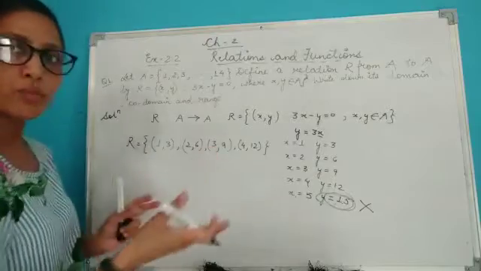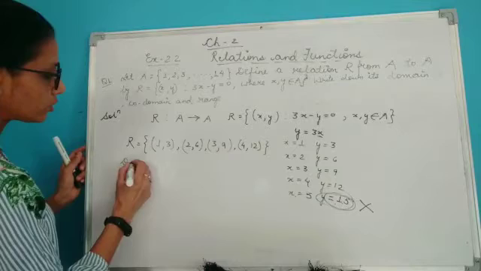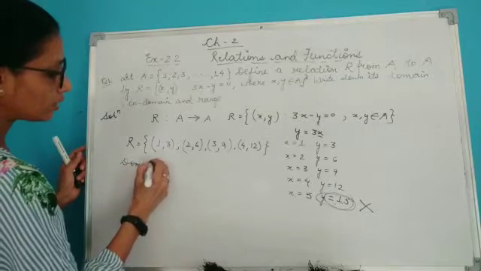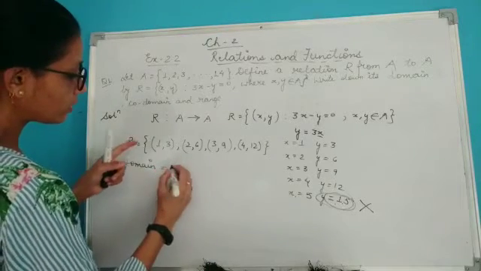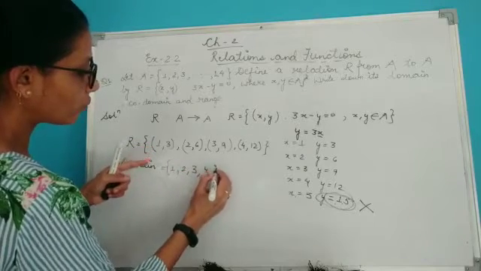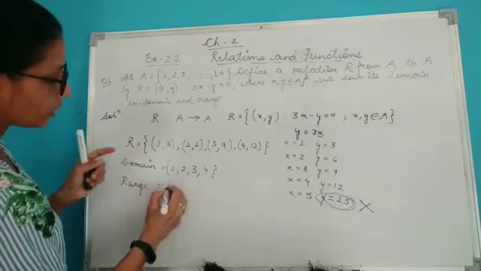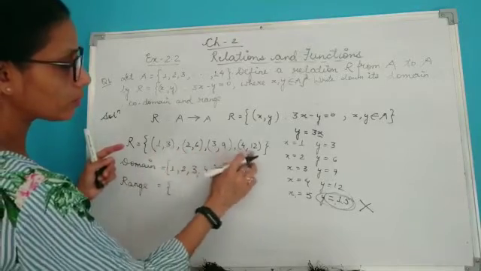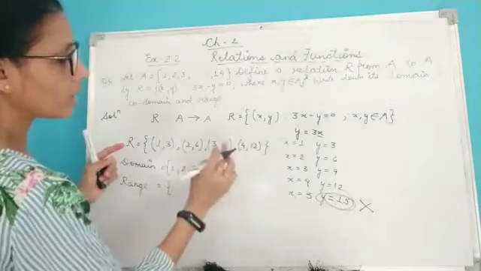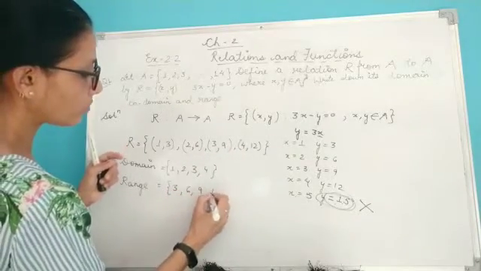Now I have formed my relation in this way and now I can write the domain for this question as 1, 2, 3 and 4. Range for this question is the second numbers which are written here. So this is 3, 6, 9, 12.